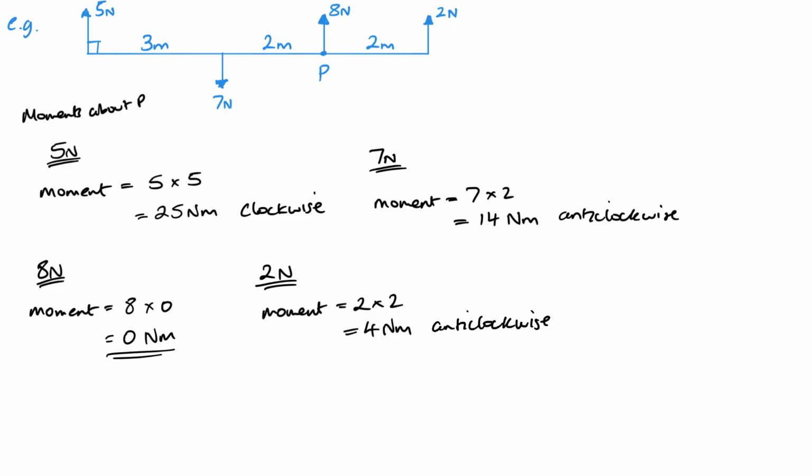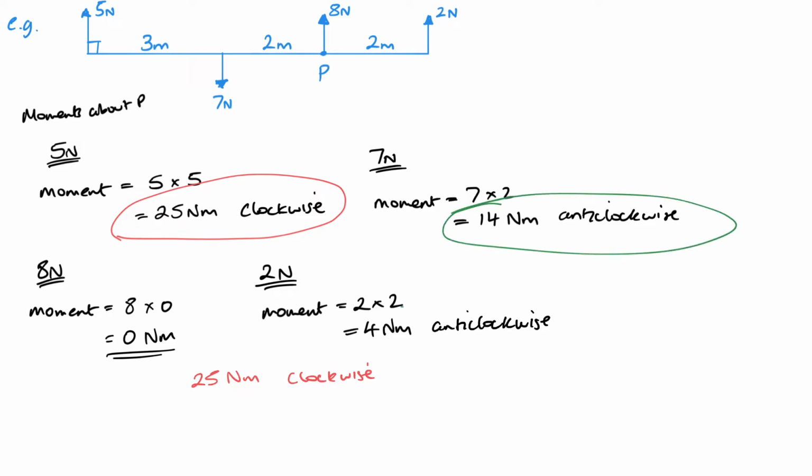So what that means is I have one force clockwise, so you have 25 Newton meters clockwise. I have two forces that are anti-clockwise, and 14 plus 4 is 18, so we have 18 Newton meters anti-clockwise.